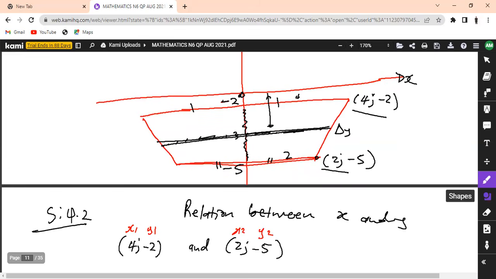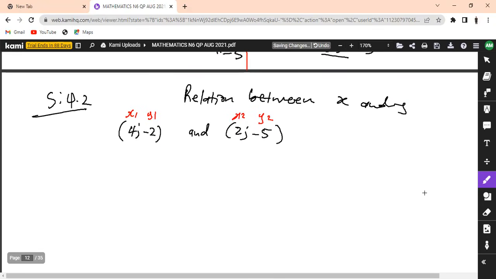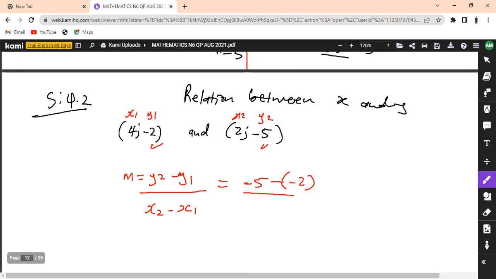So m, the gradient, is given by y2 minus y1, everything over x2 minus x1. We have y2, which is -5, minus y1, which is -2, everything over x2, which is 2, minus x1, which is 4. If you simplify properly, we obtain 3/2.